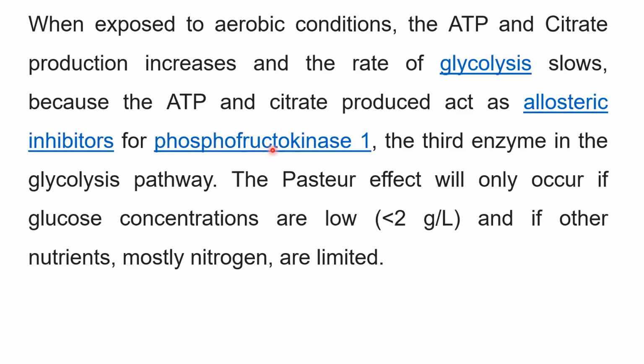So this third enzyme in the glycolysis pathway is inhibited when there is an aerobic condition, and the rate of glycolysis is slowed down because of the inhibition of this particular pathway.